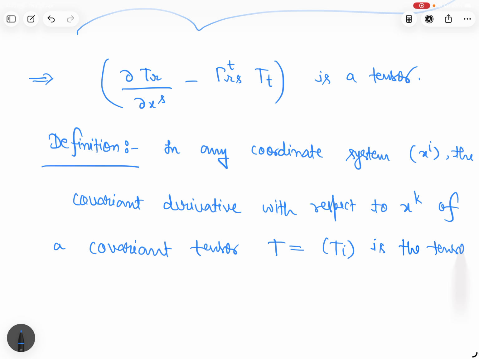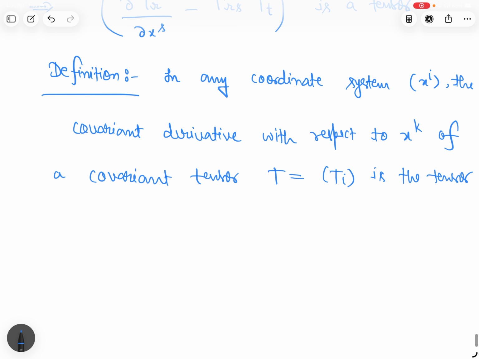Now the covariant derivative of a contravariant tensor is also there. This is the notation.